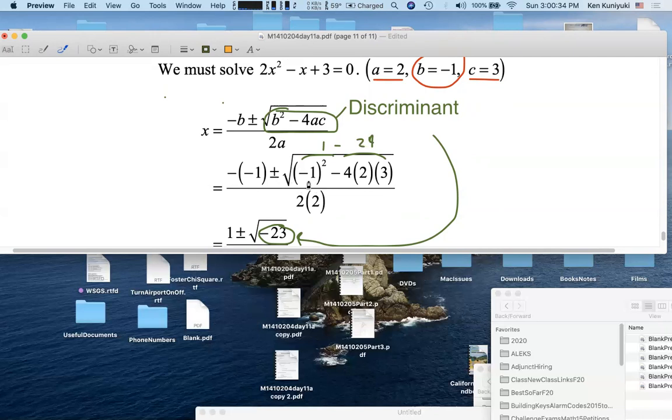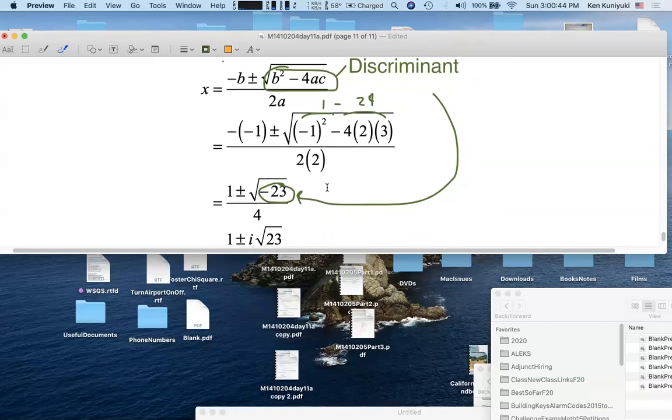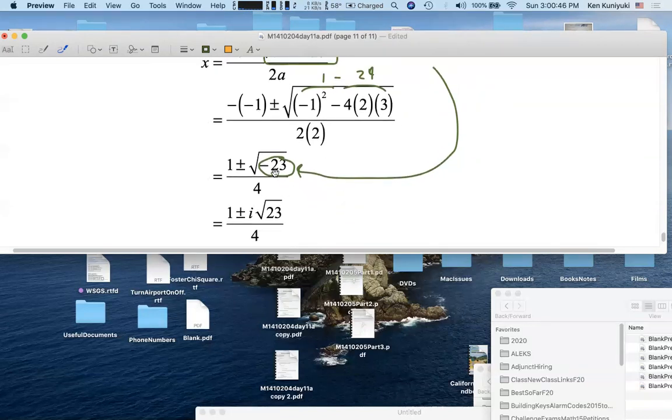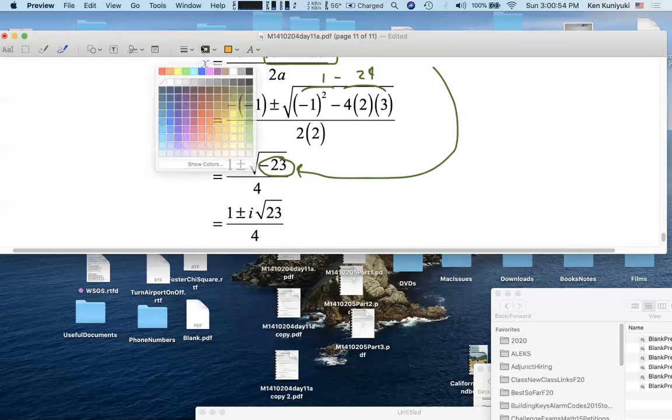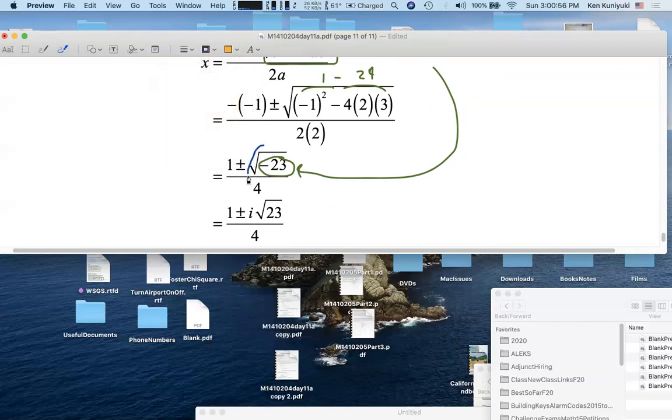Remember, use grouping symbols here. Remember, the square of a real number is never negative. Use grouping symbols here. All right. The principal square root of negative 23 can be written as i root 23. Root negative 23 should be written as i root 23.